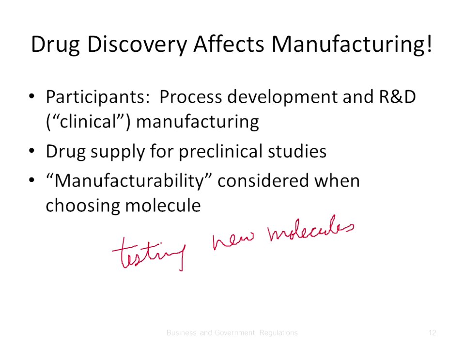So there are groups known as process development and R&D manufacturing. Sometimes clinical manufacturing is combined with that. So these groups get involved in trying to figure out a process to produce these products. Unless you can produce them efficiently, it's not going to be very useful. So manufacturability, can you manufacture the compound easily, has to be considered when you are choosing a molecule. Sometimes you have two candidates.